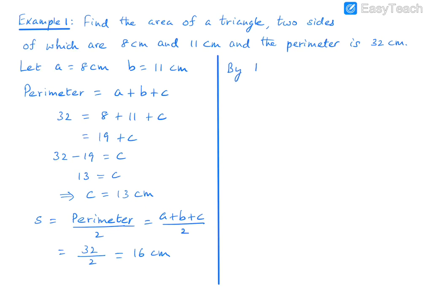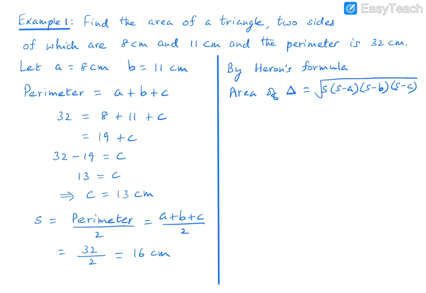So by Heron's formula, area of triangle equals S into (S minus A) into (S minus B) into (S minus C), and this whole thing is under the root.